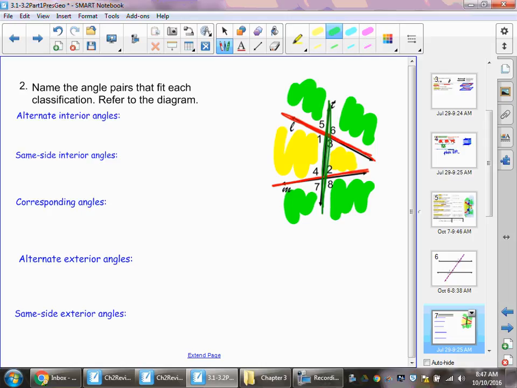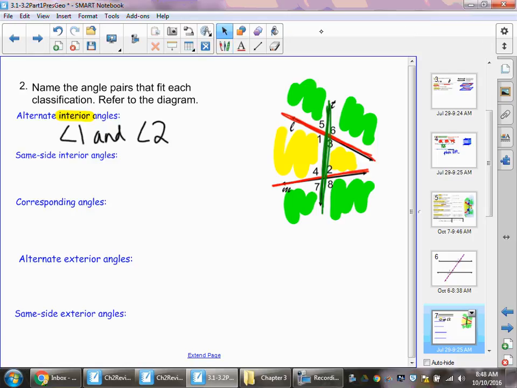For alternate interior angles, I need to look at the interior of these two lines and on different sides of the green transversal. The two angles that match that would be, for example, angle 1 and angle 2.